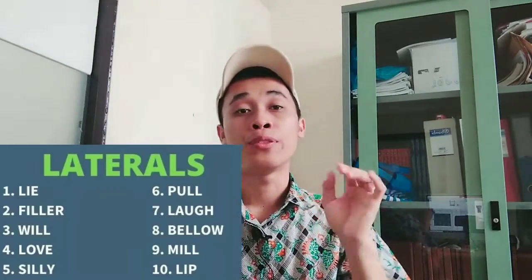Very good. Okay, let's move to the lateral sounds. Lateral sounds are where the air escapes around the sides of the tongue. There is only one lateral in English, the L. Here are the 10 words that I have prepared for you. Repeat after me.